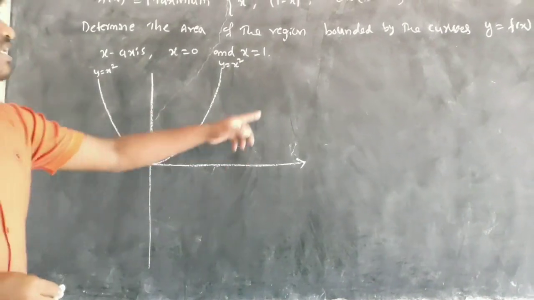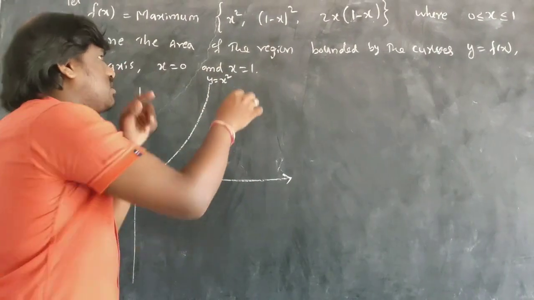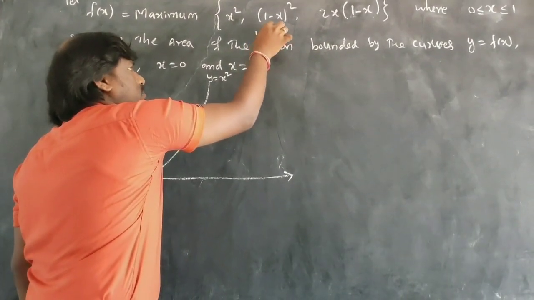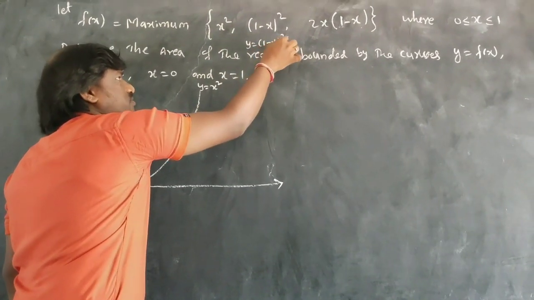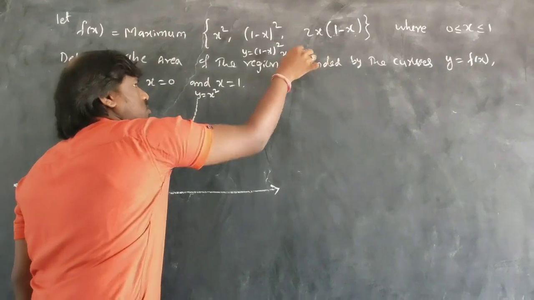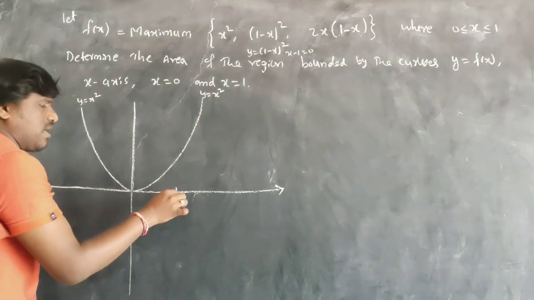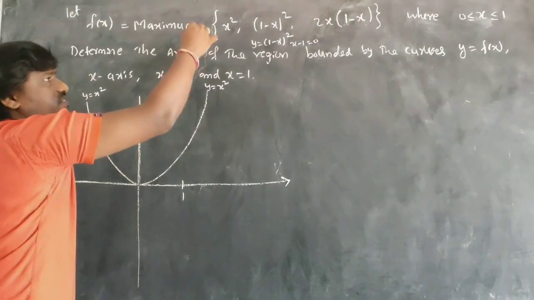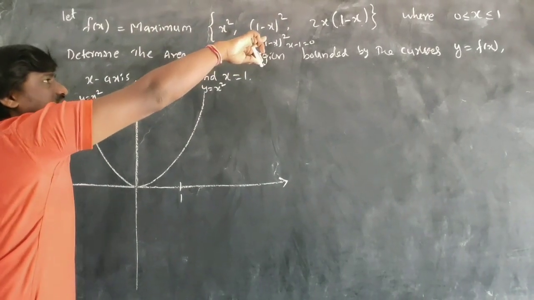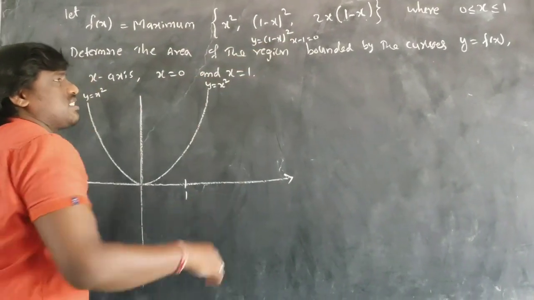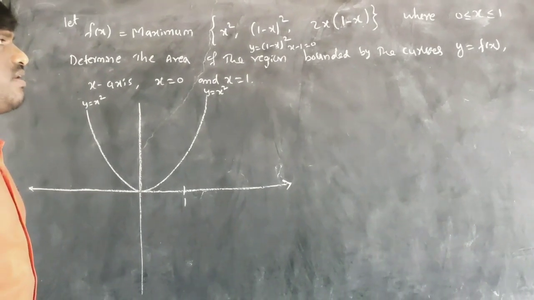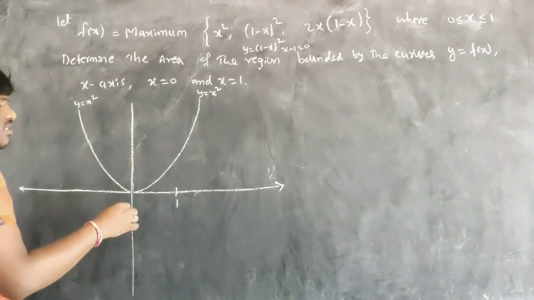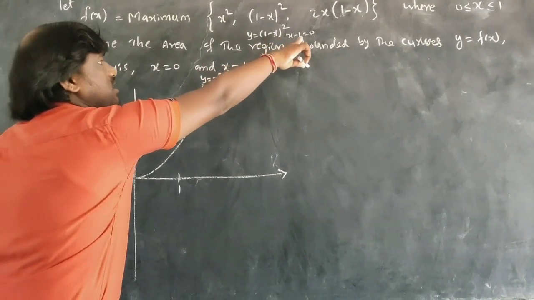And another one is y equal to 1 minus x whole square. What is the zero of this one? The zero is where x minus 1 is equal to 0, so x is equal to 1. This is a quadratic equation, x square minus 2x plus 1, with equal roots at x equal to 1.